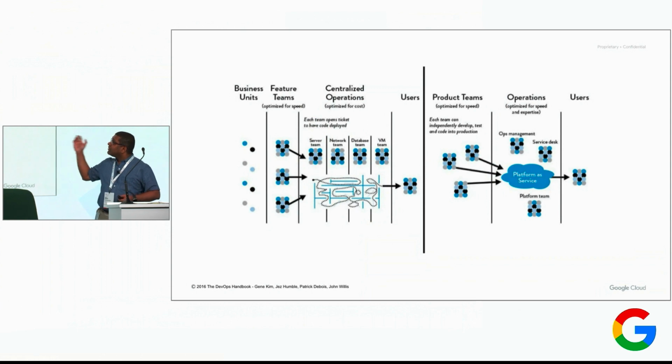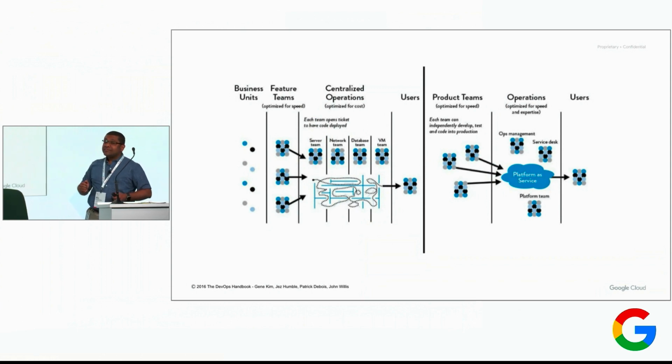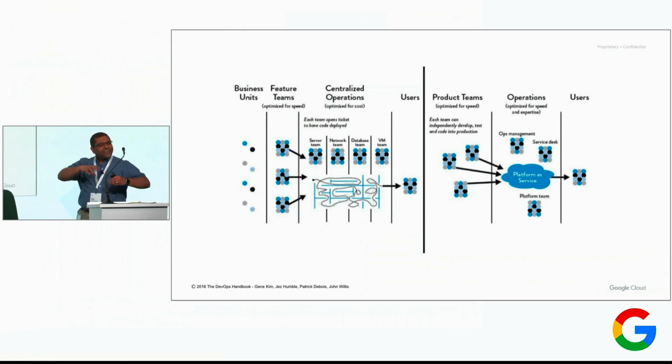What you see on your right is the ultimate form of DevOps, which is platform as a service. There were 2 products that a bunch of us here actually got to be part of. Cloud Foundry. How many of you have heard of Cloud Foundry? Awesome. This is great.